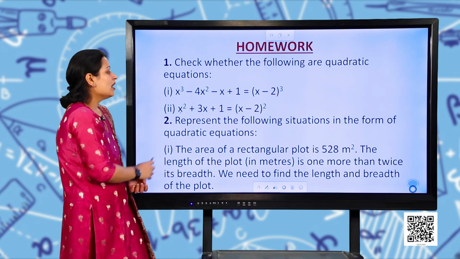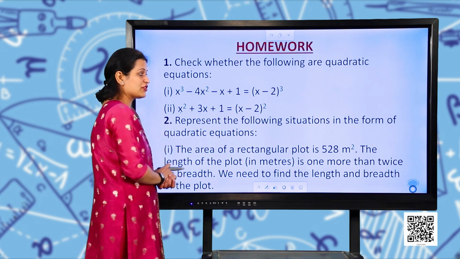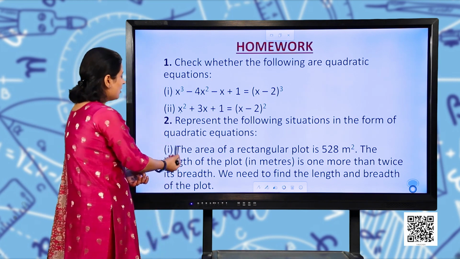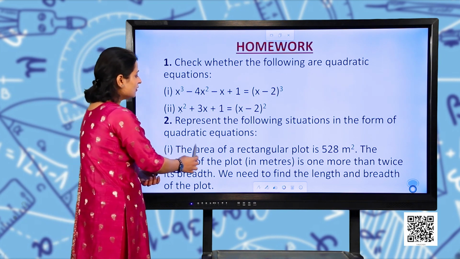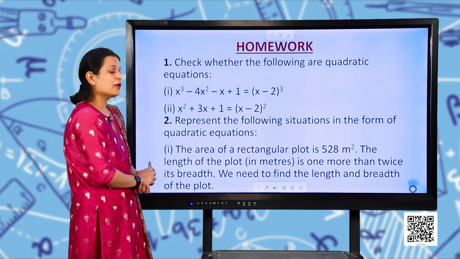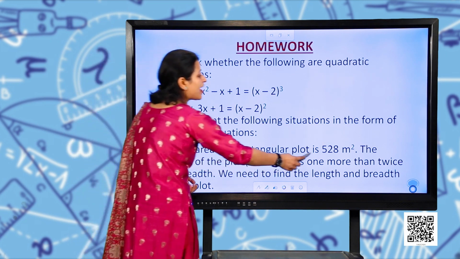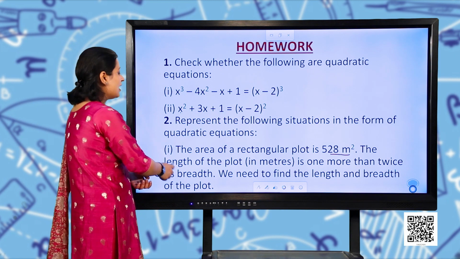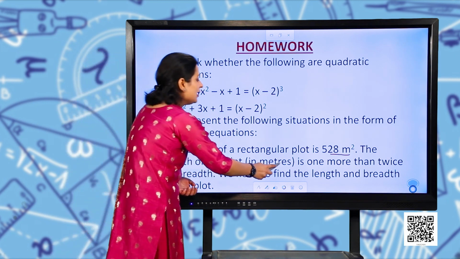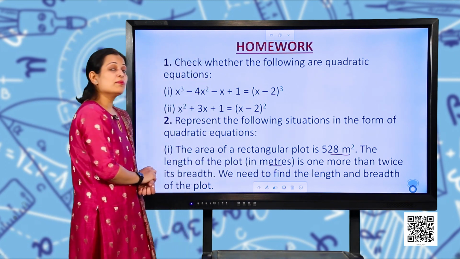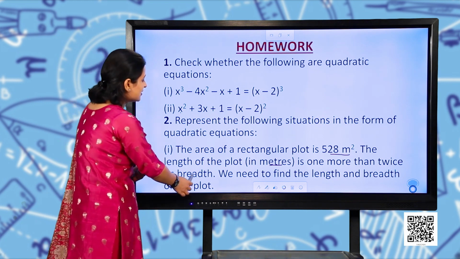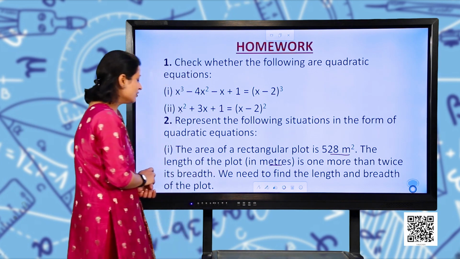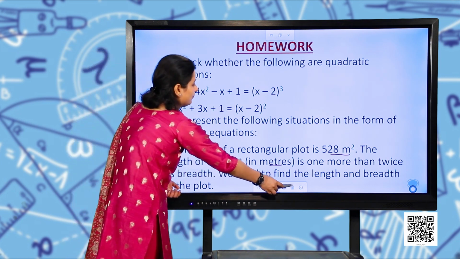Question number 2, represent the following situations in the form of quadratic equations. Part 1, the area of a rectangular plot is 528 meters square. The length of the plot in meters is 1 more than twice its breadth. We need to find the length and breadth of the plot.